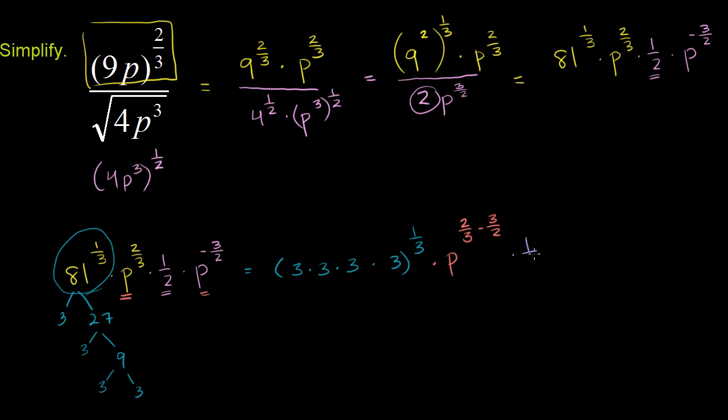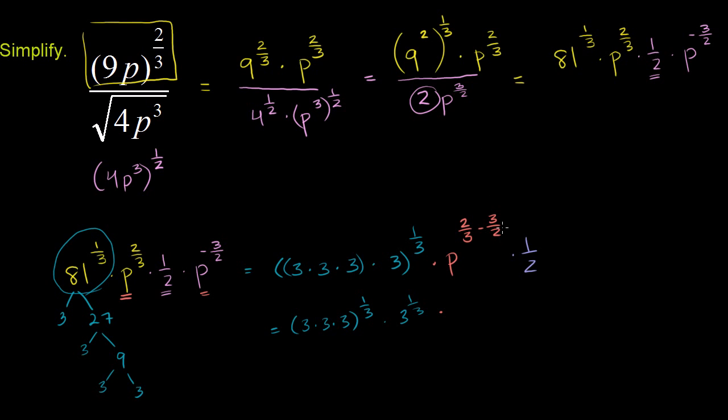Now, we could just view this as 3 times 3 times 3 times 3, so it's the same thing as 3 times 3 times 3 to the 1/3 times 3 to the 1/3. We've done this multiple times. Let's just work out the exponent of p.